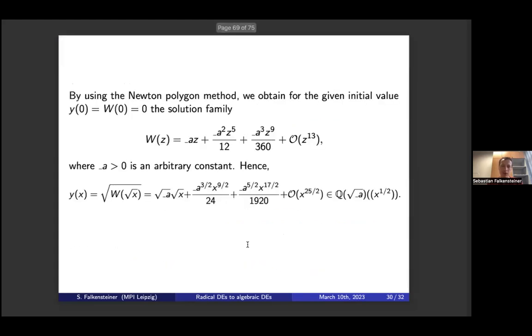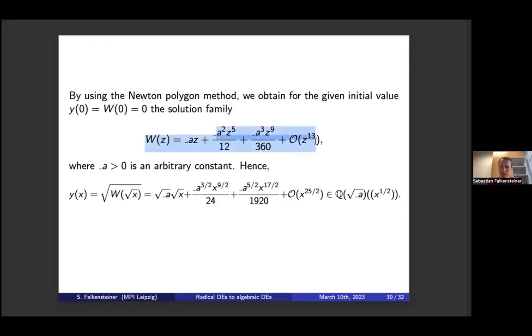And this equation can be solved, for example, by using the Newton polygon method. And in this way, we found all the formal Puiseux series solutions with this initial condition, which is interesting for physicists, apparently.